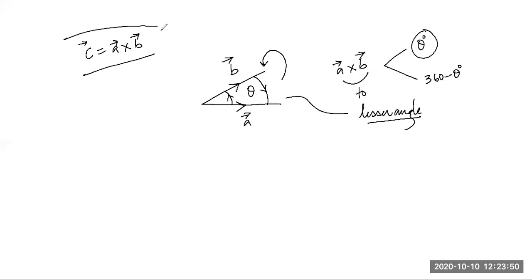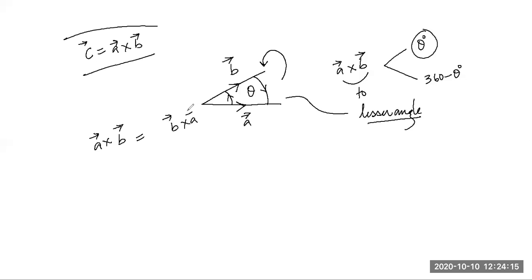Something more. Now, can you answer, let's say A cross B, in this case, is coming towards us. Then it would be equal to what?